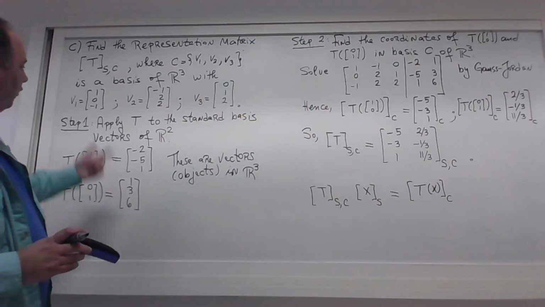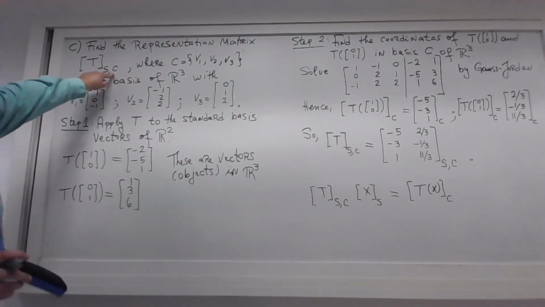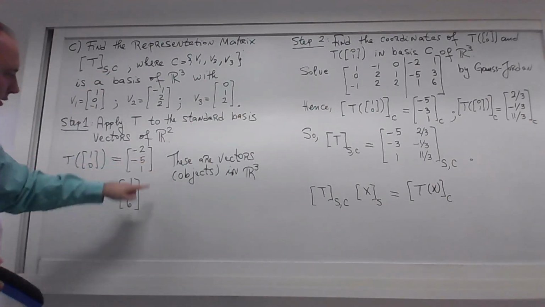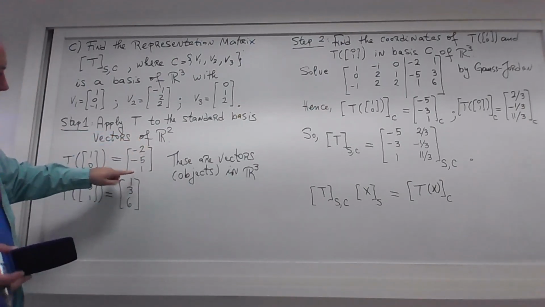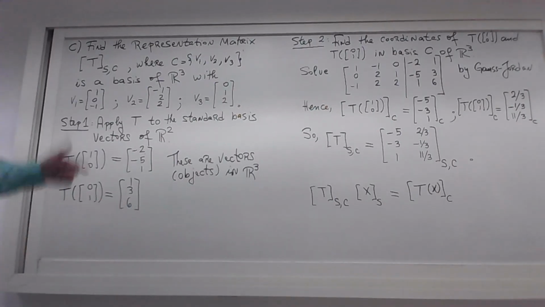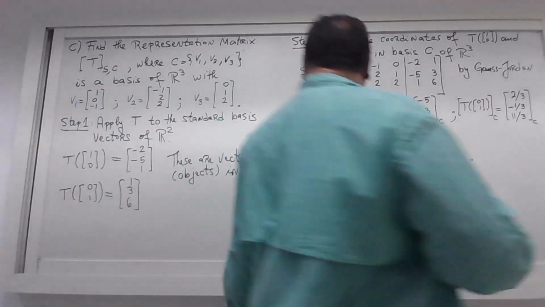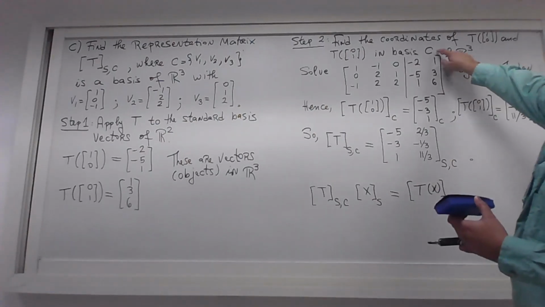They want us to find the coordinates of these outputs in basis C. So for each of these two vectors, we need to find its coordinates in basis C, and then put those results in the representation matrix. So let's find the coordinates of T(1,0) and T(0,1) in basis C for R3.